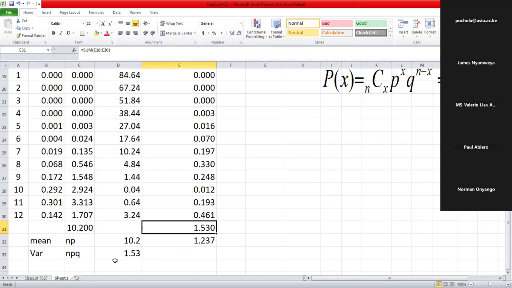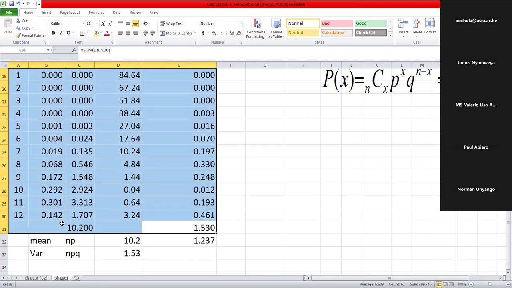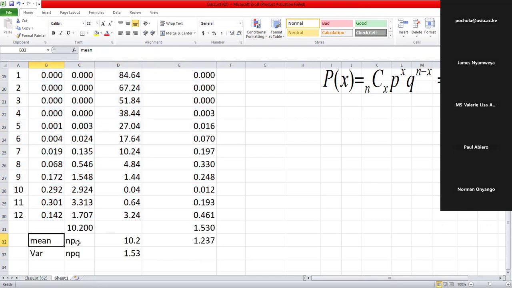It is here and this one here. Therefore, standard deviation is basically 1.235, the square root of this. So this is a longer method. The method you use is just this. Mean is NP. Variance is NPQ. So S is the square root of NPQ. So those are the critical summary statistics for binomial distribution: the arithmetic mean and the standard deviation.